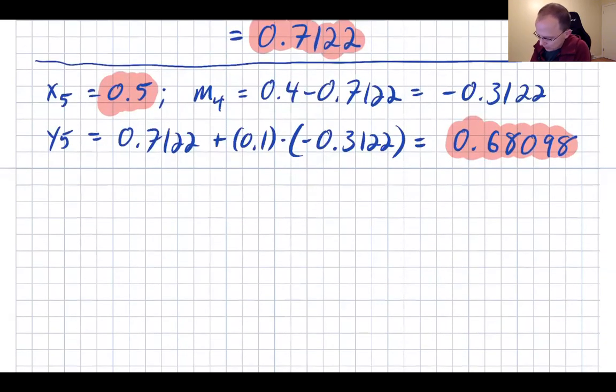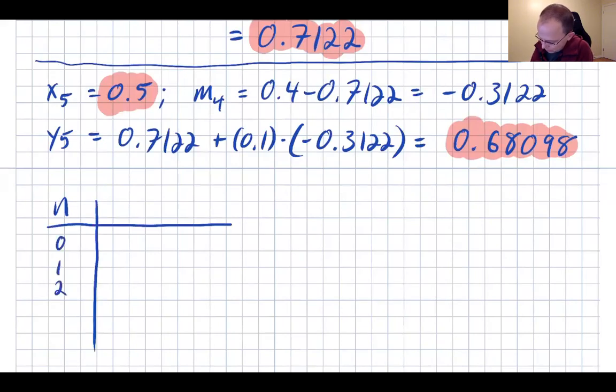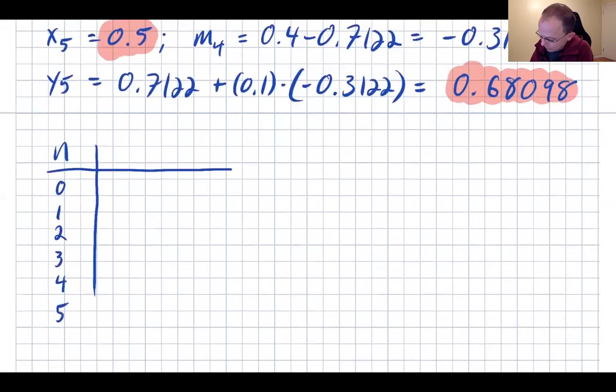So let's summarize this maybe in a table. So we'll have n, and n will be 0, 1, 2, 3, 4, 5.